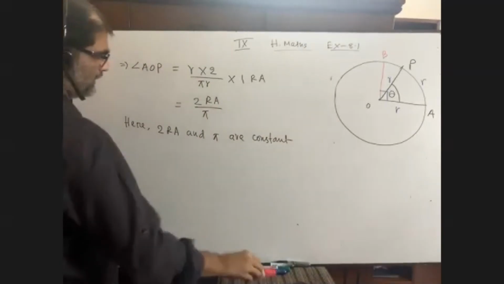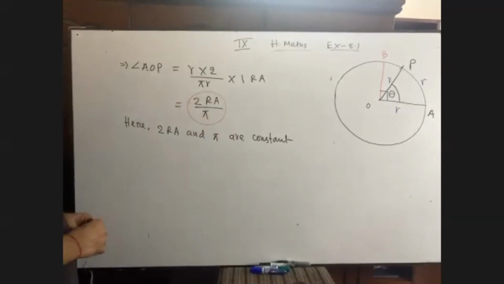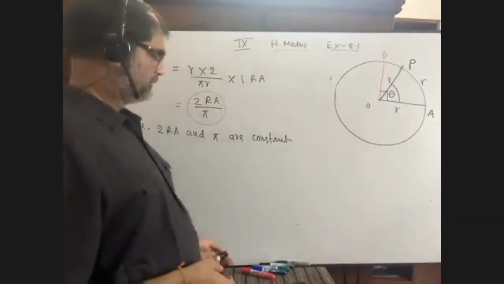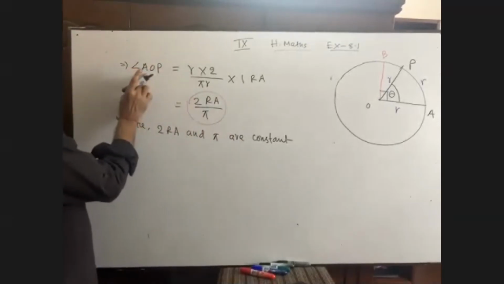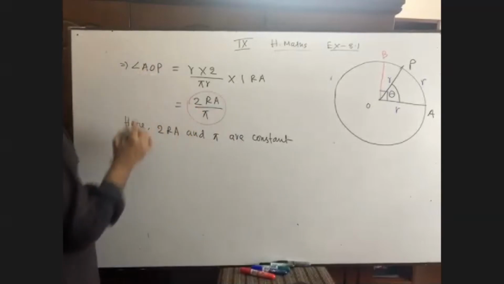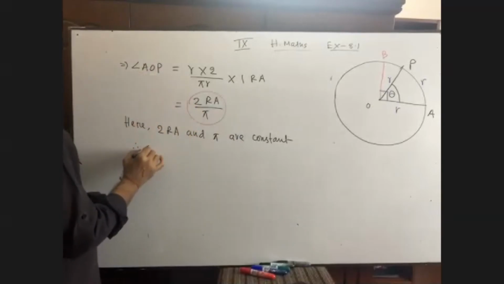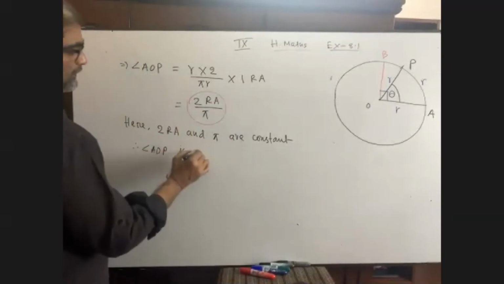That means we are getting the right hand side wholly and fully constant. If it is constant, so angle AOP is equal to a constant. Therefore, angle AOP is constant.